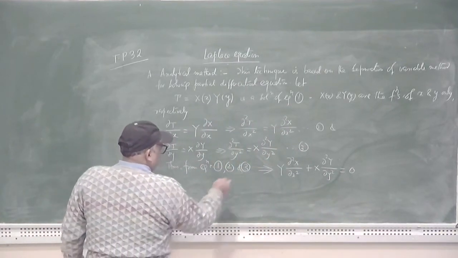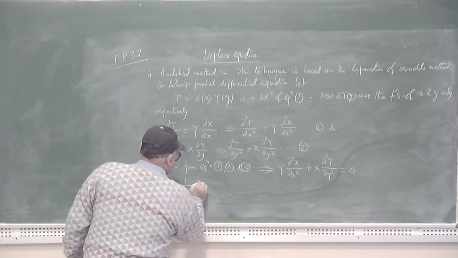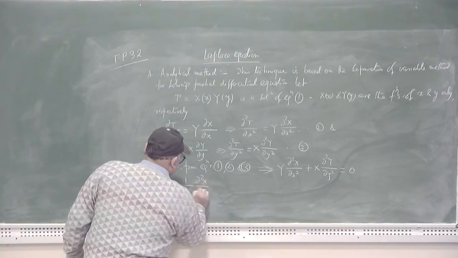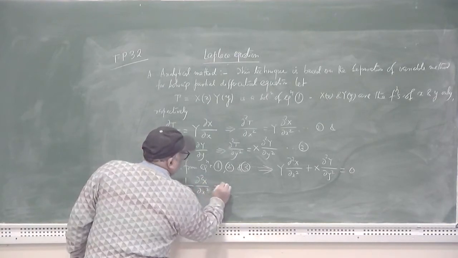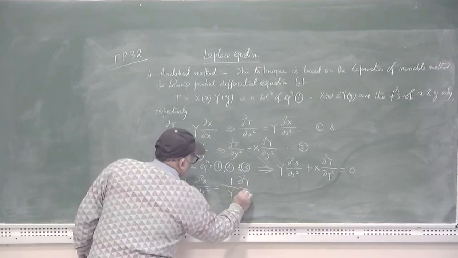Dividing the whole expression by XY, you can write (1/X) d²X/dx² equal to minus (1/Y) d²Y/dy².